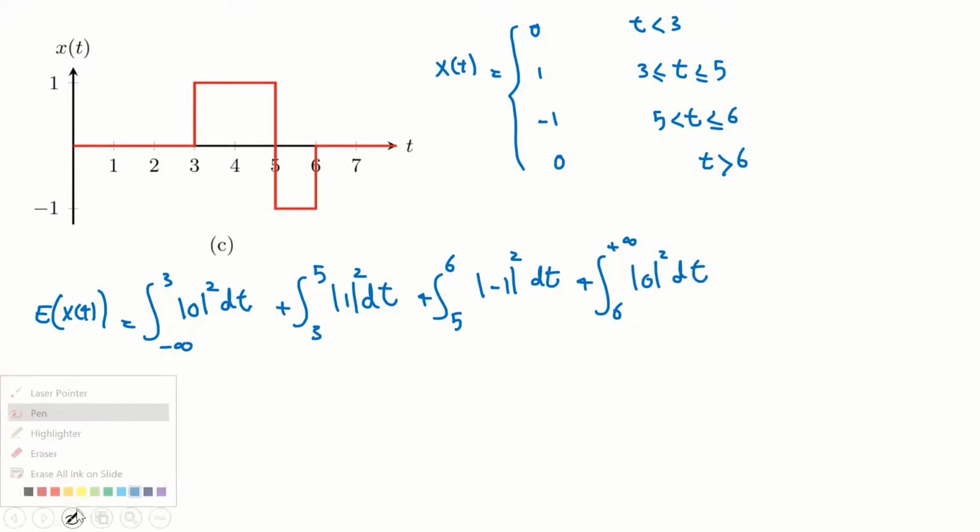Obviously the value of this part is 0 because integration over 0 is 0, and the same for here.